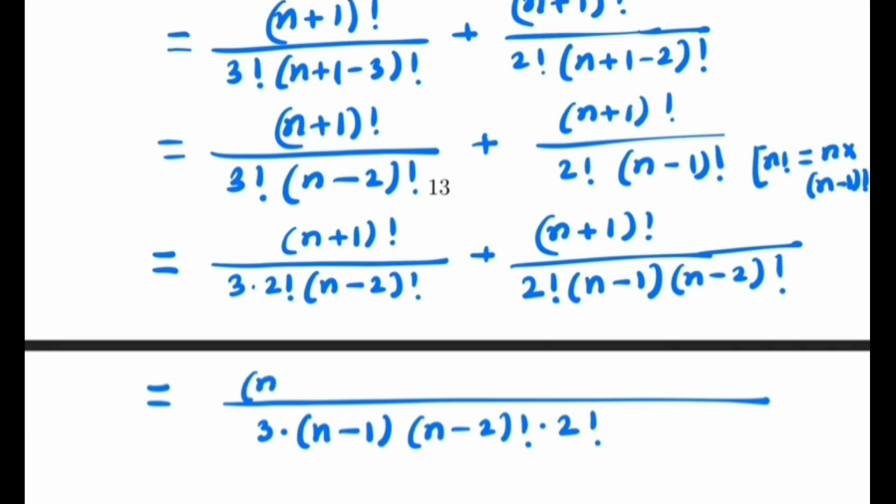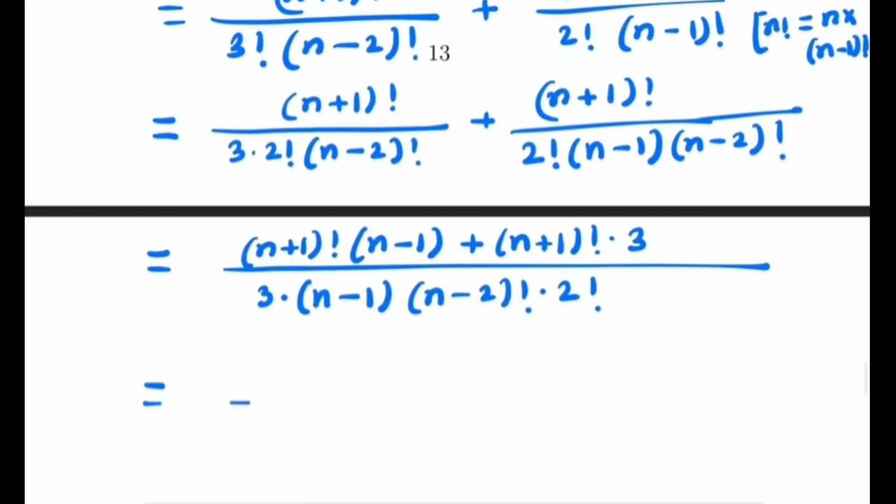The numerator will be n plus 1 factorial into, note that here we have 3 into 2 factorial into n minus 2 factorial. So here we have only n minus 1 is missing. So n minus 1 plus here n plus 1 factorial into 2 factorial into n minus 1 into n minus 2 factorial. So into 3.